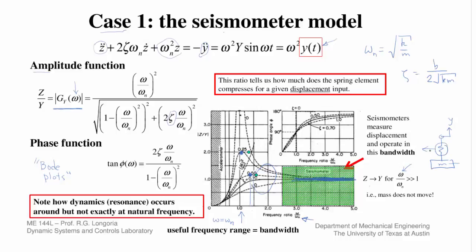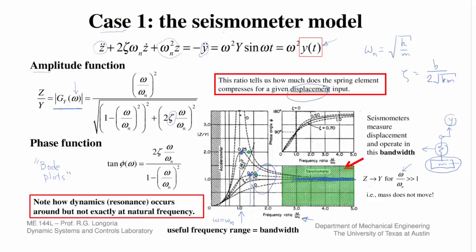You're getting an output from that, and that output will give you a relationship that is proportional to the displacement of that element. That's how seismometers work. So generally seismometers have large seismic masses that barely move while the ground vibrates, and you can pick up that relative motion and build a displacement type measurement.